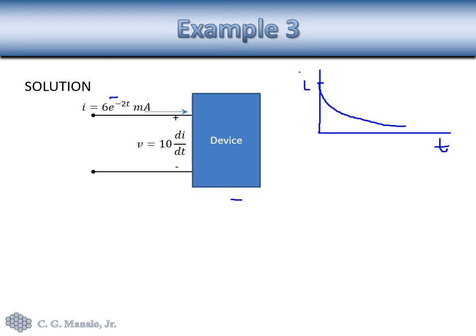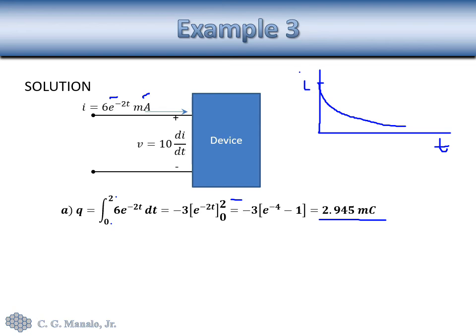So to answer the questions, for Q, since we're given the current, all we need to do is apply integration from 0 to 2 seconds. So that will give us a total charge going to the device of 2.9 millicoulombs.